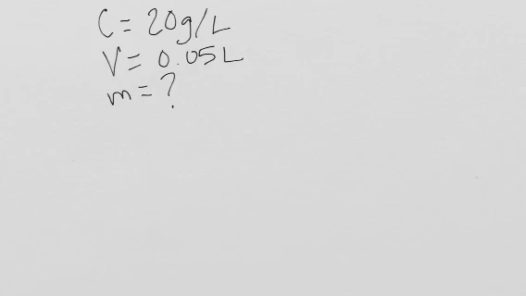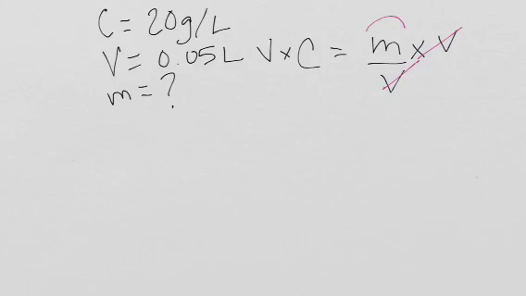Well, I can rearrange the equation to isolate the m. If C is equal to m over V, how do I get the m alone? Let's do letters first. You multiply both sides by V. That gets rid of the V over here, so that your m is all alone.